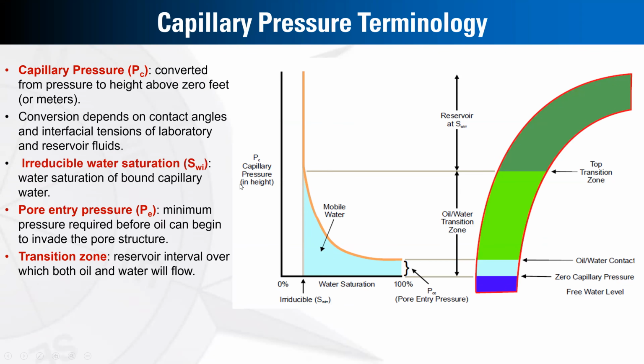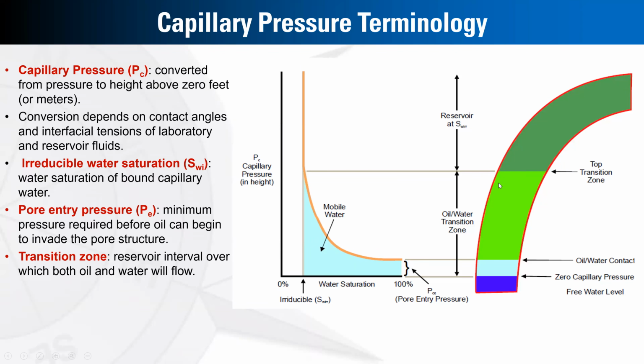So this is the terminology of capillary pressure measurements. We have 100% water for this part, and the top of this water is the free water level at 0 capillary pressure, and we have this zone, which is the oil water contact, mostly above the free water level by very few feet.